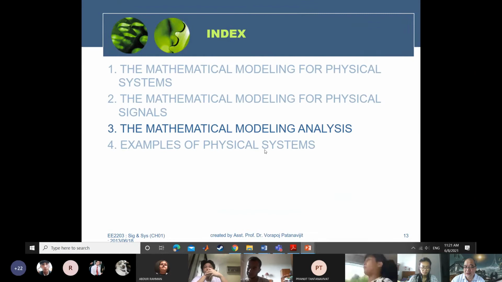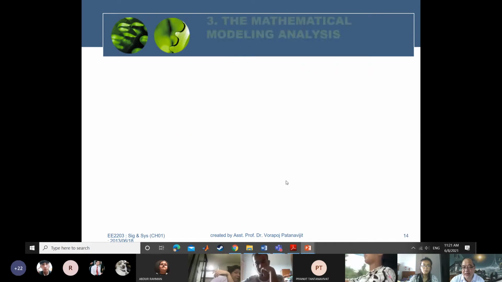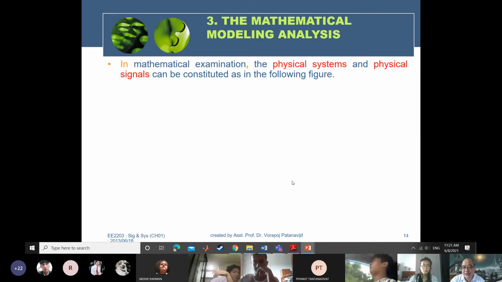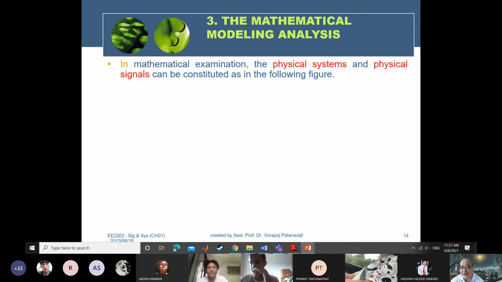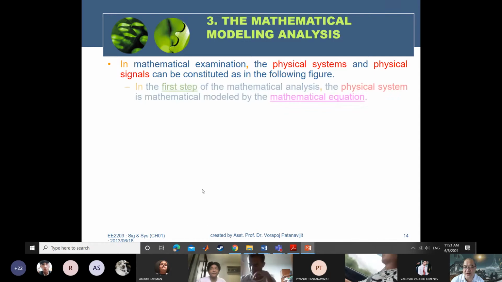The next topic is the mathematical model of a system. In mathematical analysis, the physical system or physical signal can be constructed as in the following figure.